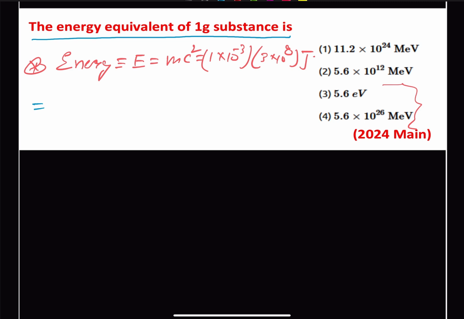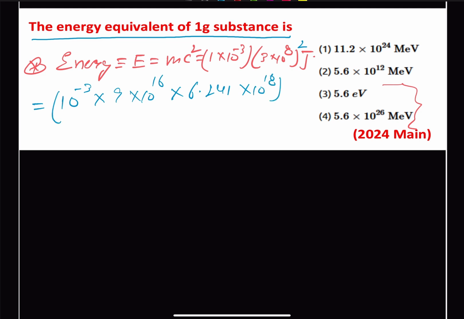So this will be equal to, sorry, it is squared, so we get 10 to the power minus 3 multiplied by 9 into 10 to the power 16, multiplied by 6.241 into 10 to the power 18.